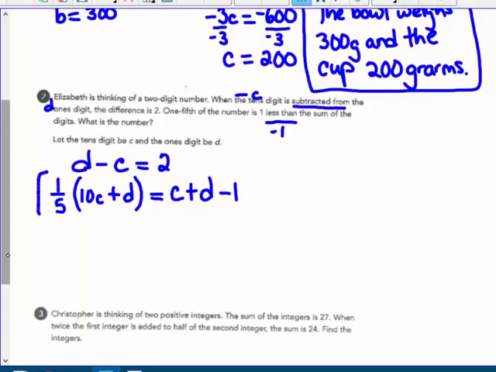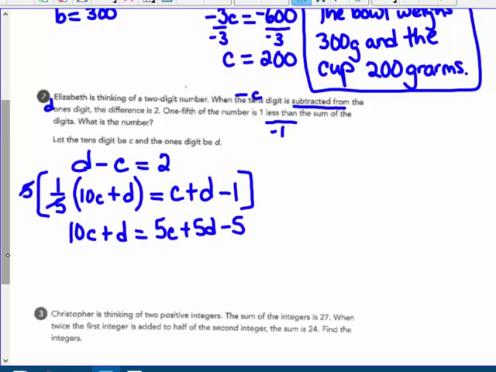I'm going to multiply this entire thing by 5. So then I just have 10c plus d equals, okay, I'm multiplying this 5 times c, 5c, and this d times 5, and that negative 1 times 5.